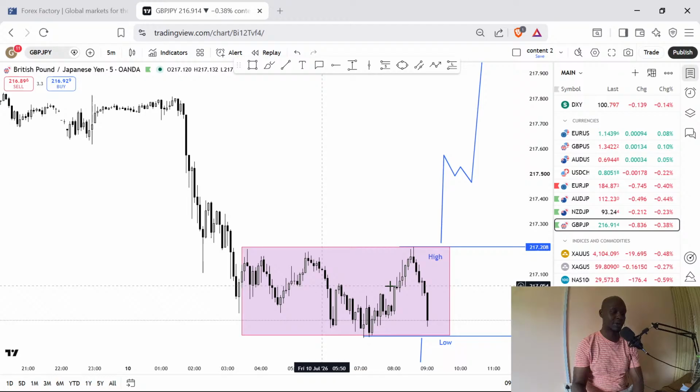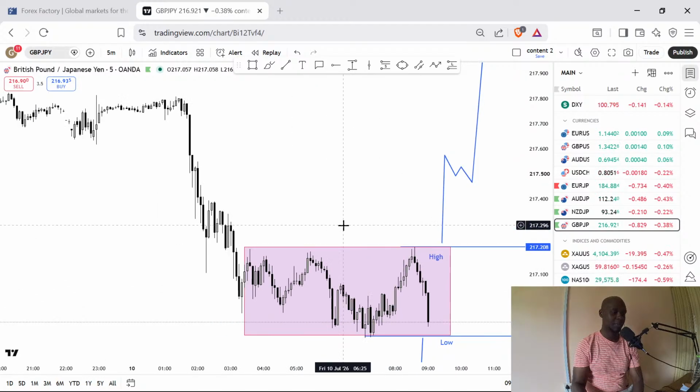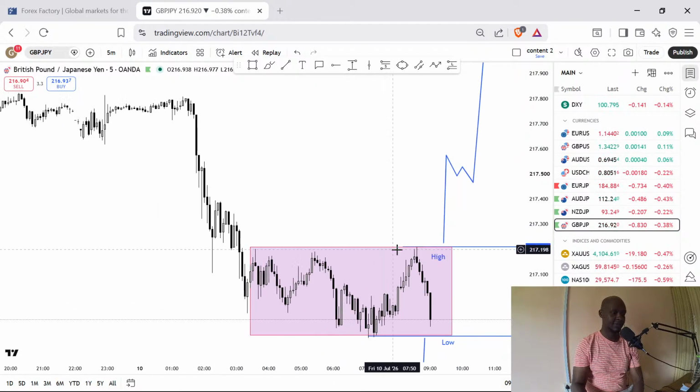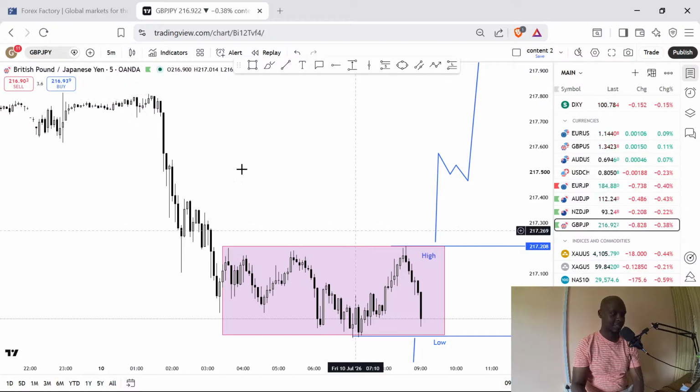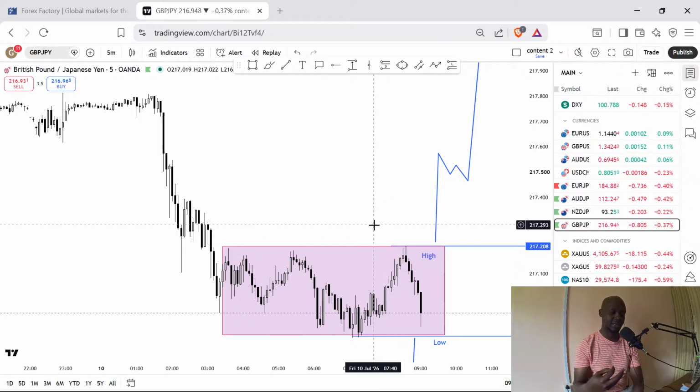And whenever I get this sort of a range, I normally look for an impulsive push to the upside or to the downside. In this instance, when I've had a market that has been trending lower for a while and we get this consolidation, the most ideal scenario is to look for longs because it will align well with the market cycles based on the Wyckoff principle.